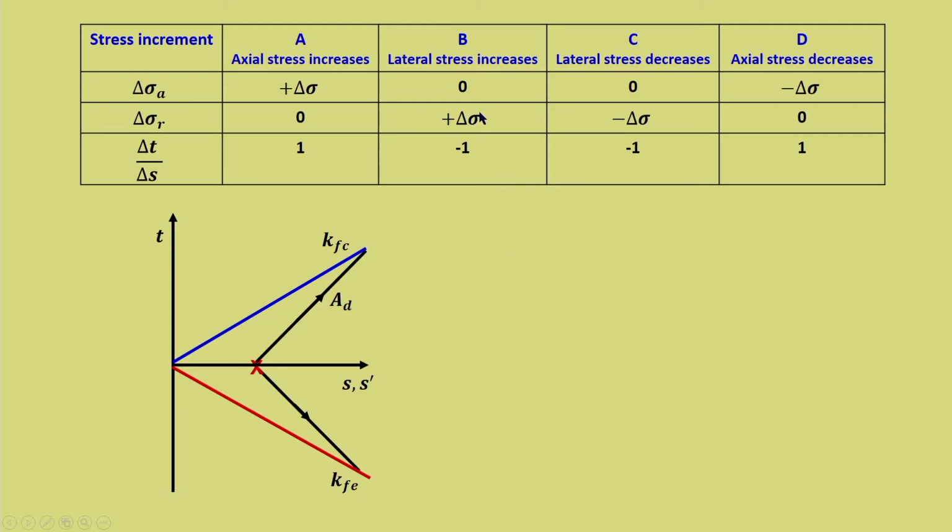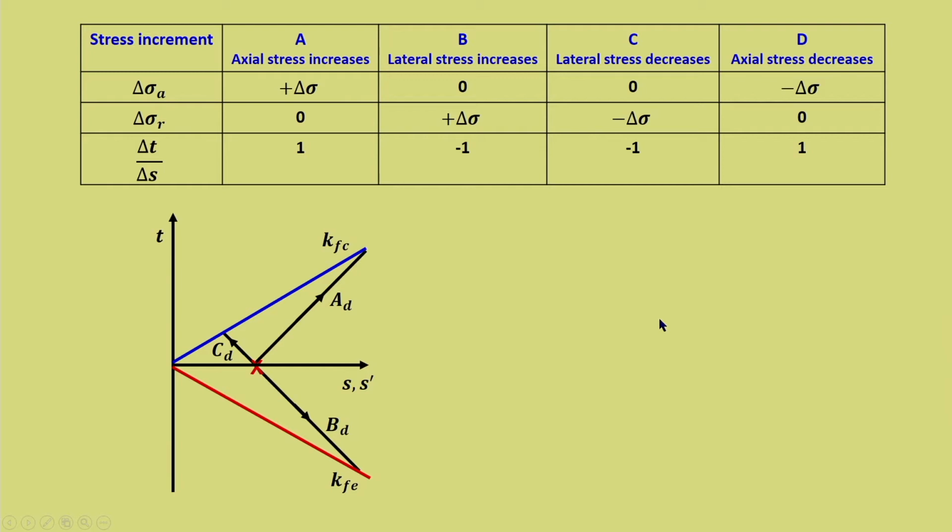And we know that case B is a case of extension, and hence with a slope of 1, it fails at the extension failure line, and that is given by BD, that is, B drained condition. And for C, it will be -1, but the case is compression, and hence it moves towards the compression failure line.